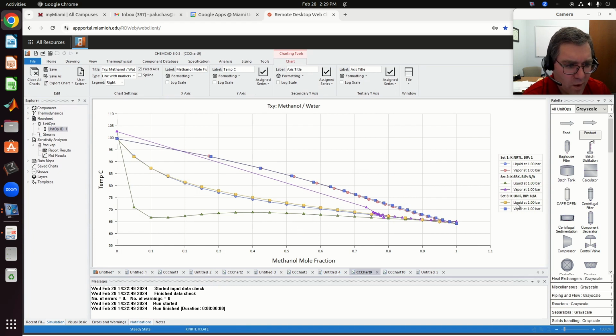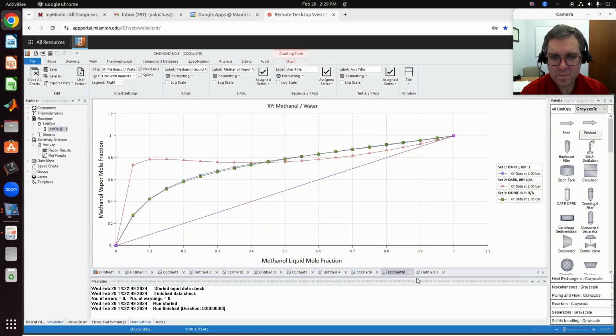And then UNIFAC is yellow and blue. Oh, I see. It's because I have two different blues. So NRTL is red circles and blue circles. UNIFAC is yellow squares and blue squares. So they pretty much overlap with each other again. But the SRK equation of state gives some madness.